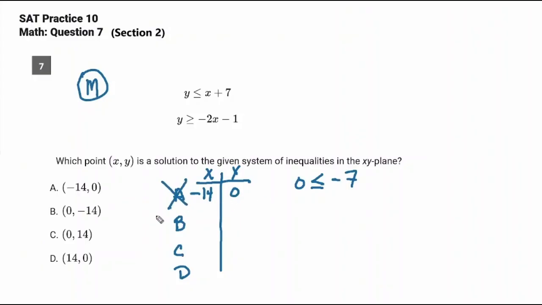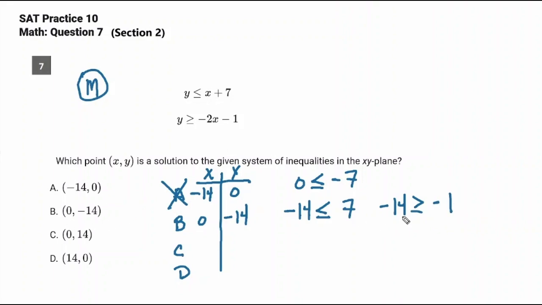A is gone. B, 0, negative 14. So this time I'm doing the first equation again. Y is negative 14, less than or equal to 0 plus 7. Okay, that's true, right? 7 is bigger than negative 14. So now I got to do the second equation. Y, negative 14, bigger than or equal to negative 2 times x, negative 2 times 0, that's 0, minus 1.